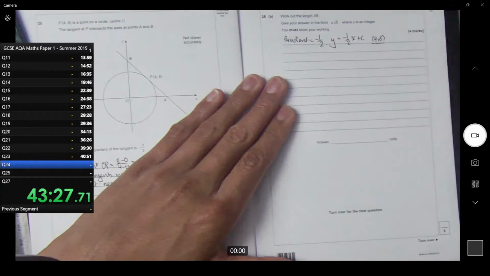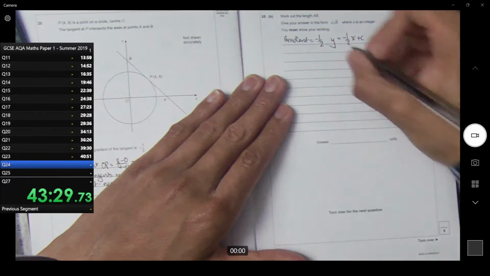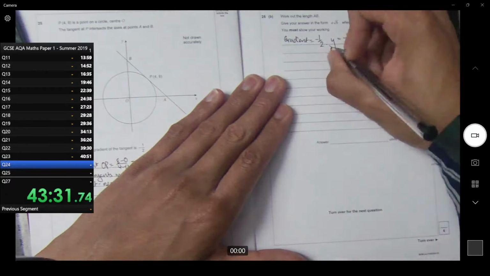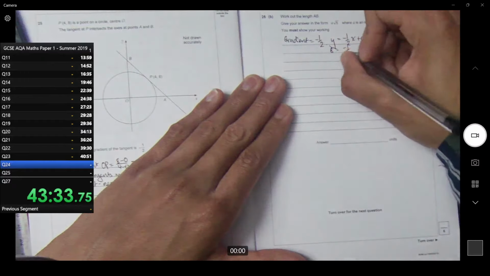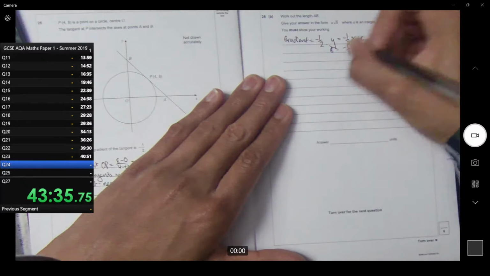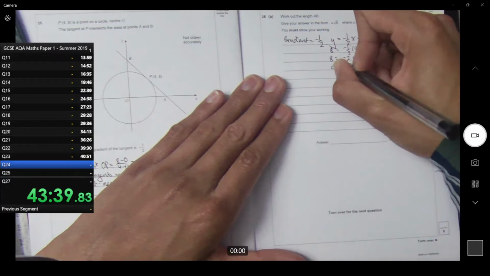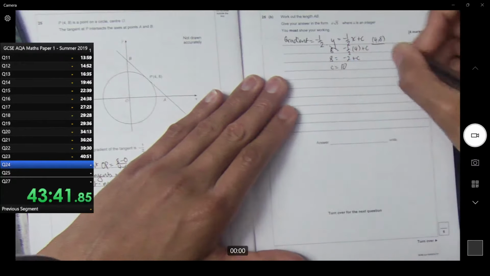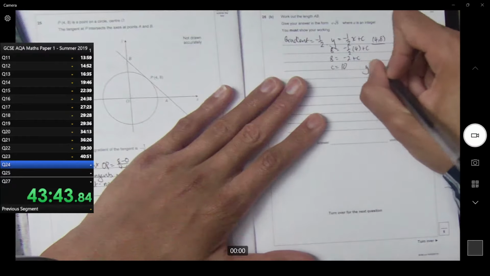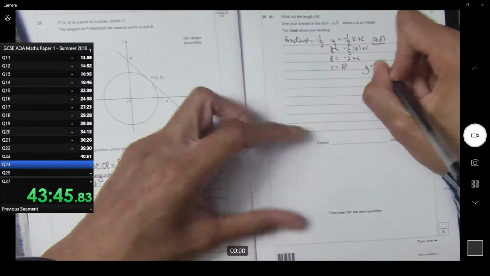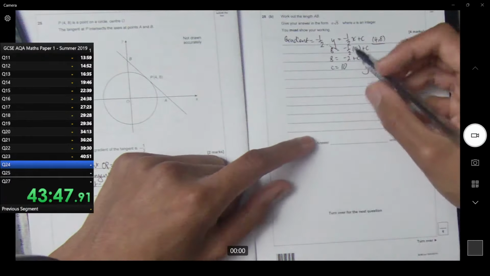And we have the point 4, 8 on that line. So you substitute y is 8 and x is 4. So our equation is y equals minus half x plus 10.